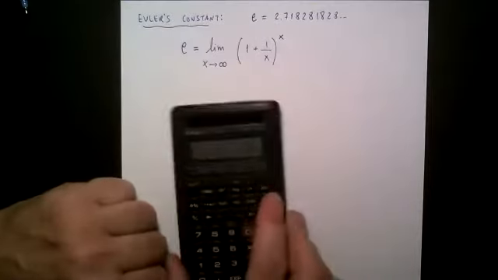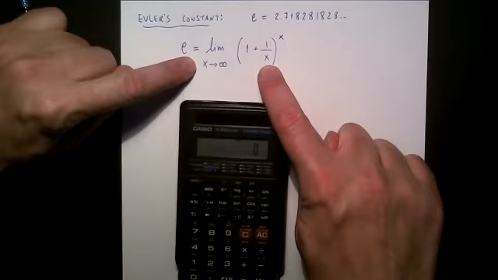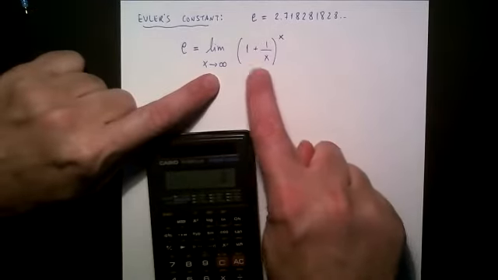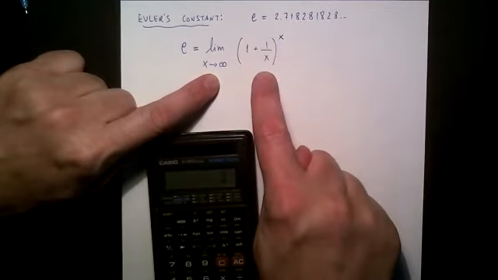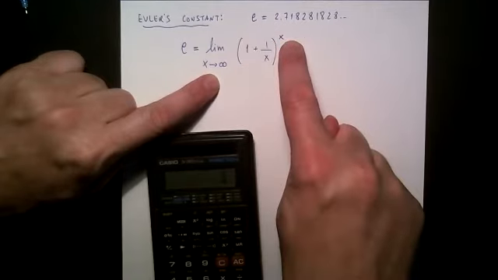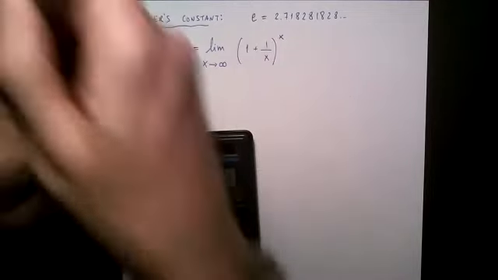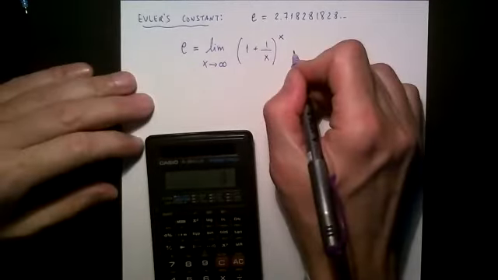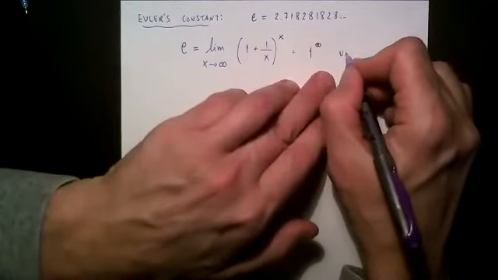If you put infinity here, you get 1 plus 0, because 1 over infinity is 0. So you get 1 power infinity, which is an indeterminate form as well, as we will see very soon.